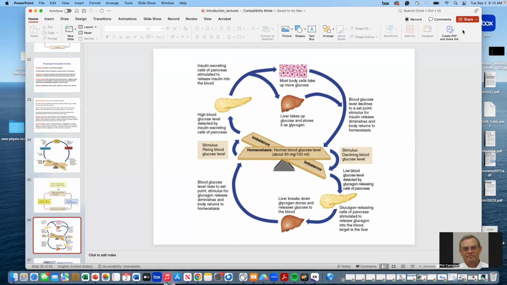So what happens is, because you had all that extra glucose, your fat cells and your muscle cells can only take so much. So the body's going to store some more of that bulk. It's not going to waste it. So it goes into the liver, where it is converted to glycogen. Okay. Now it's just stored. Think of it as banking it.